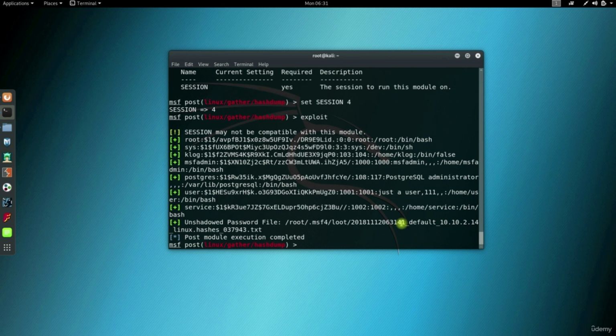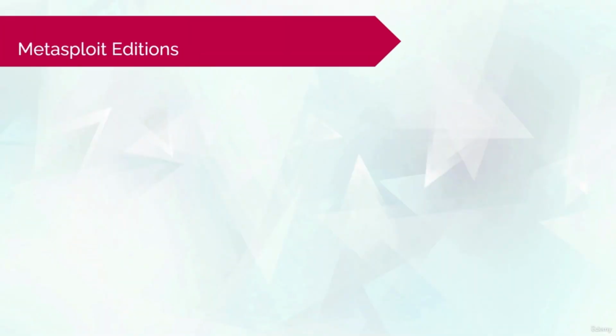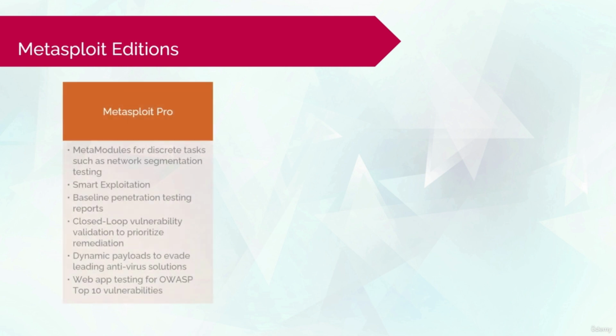Now, you don't have to stay with that. You can also use some of the other post modules. Metasploit comes in various editions. And now that there are 3 options, the Express edition isn't used any longer. The first one is a commercial edition, Metasploit Pro.